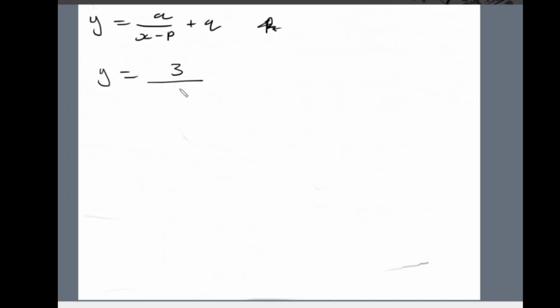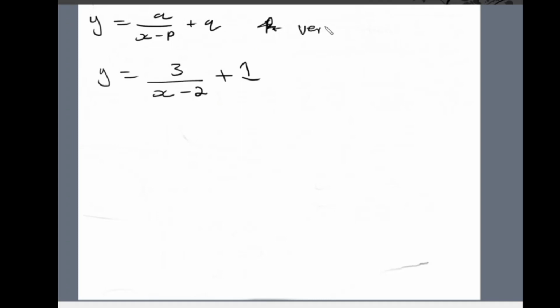Let's say a is 3, and then let's say p is 2, and then let's say q is 1, right? So now if they ask you to determine the domain and the range, it will depend on the values of the asymptotes, right? And then let's say they ask you to write down the equation of the asymptotes.